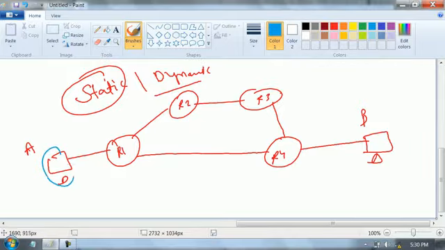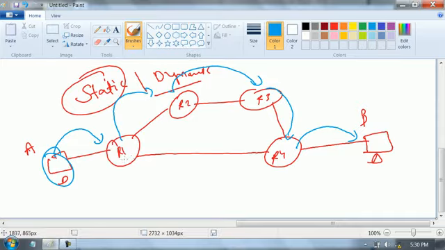A will go to R1. Now, if I talk about static, static means it's my wish. Either I define the path like this, or I define the path like this. But what's the problem?